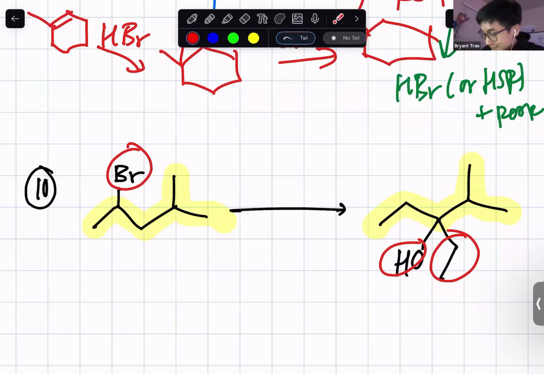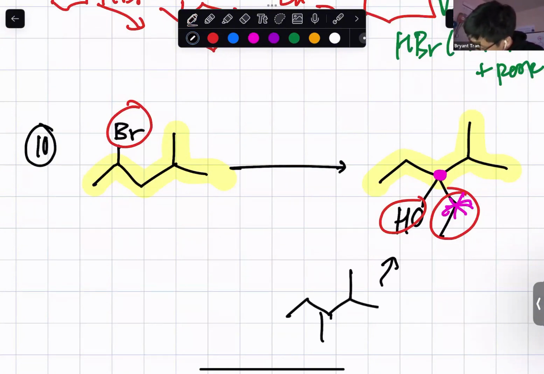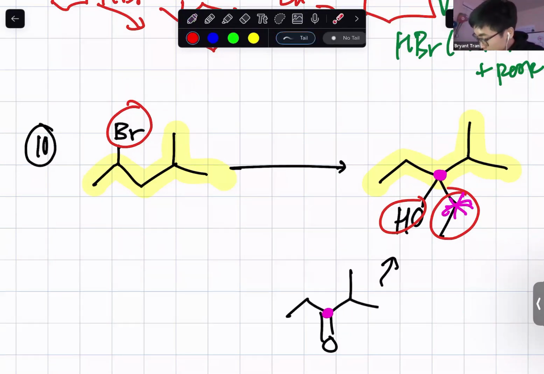MgBr. And this alcohol here came from the carbonyl, right? So let's say that this pink carbon I'm dotting right there is the carbonyl carbon, and this starred carbon here was the MgBr carbon, the nucleophile. If I go backwards here, that pink carbonyl carbon is that pink carbon right there, because this carbonyl oxygen is going to eventually become that OH.